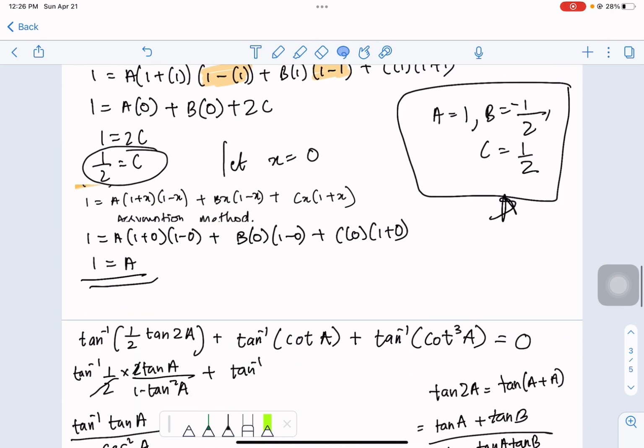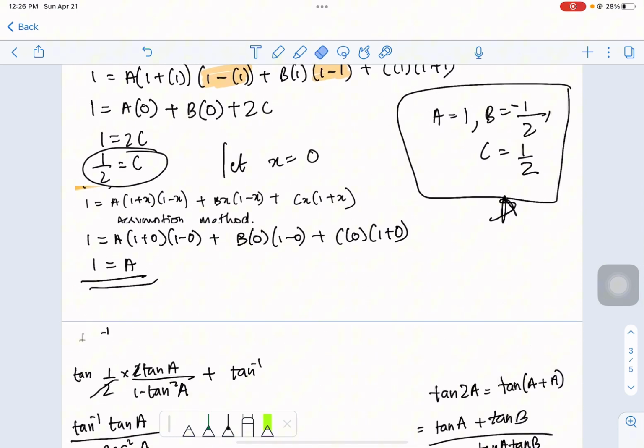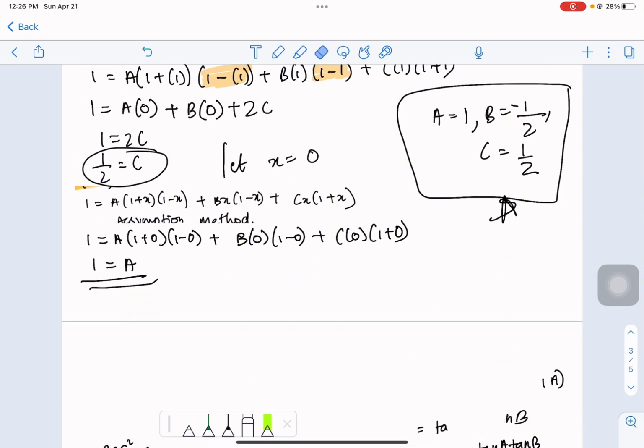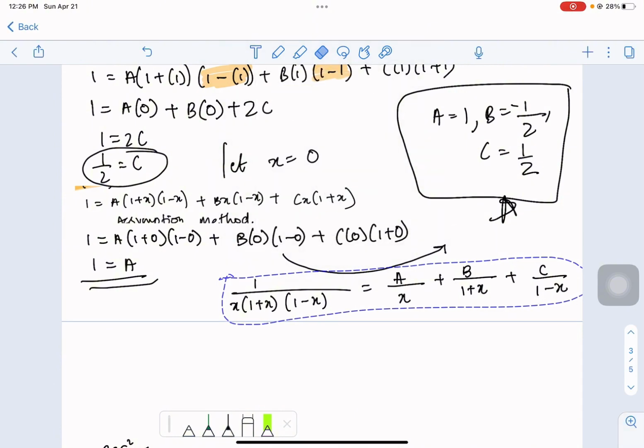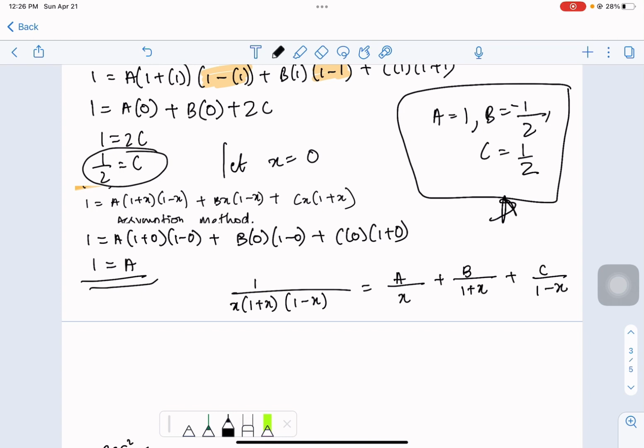Copy. So what we have here. Now instead of a, b and c here, we can just replace the values.